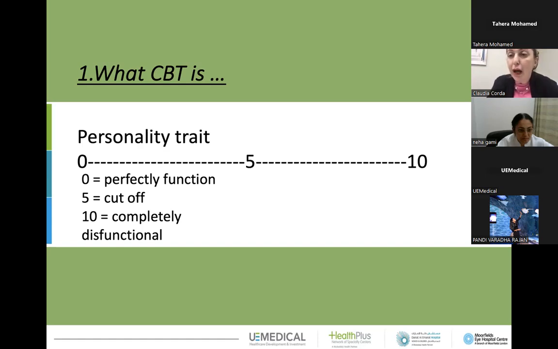So thoughts that are not completely realistic, not functional, or not appropriate for the context we are acting in. So please keep this scale 0 to 10, where 0 does not exist, and 10 is like the worst serial killer you can imagine. We are all on 5.